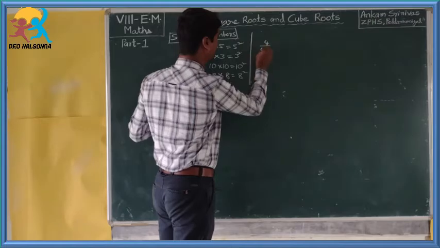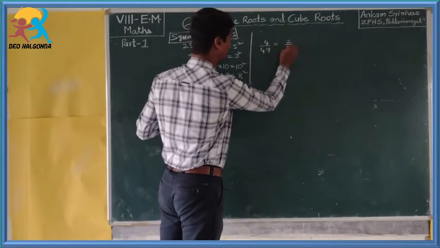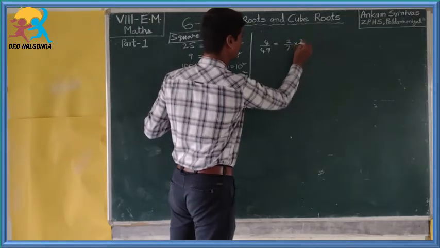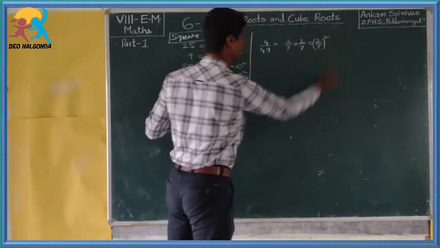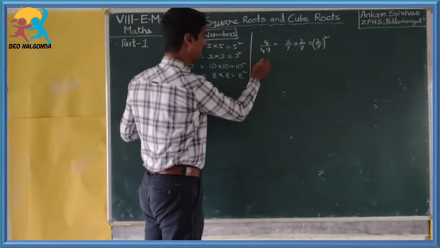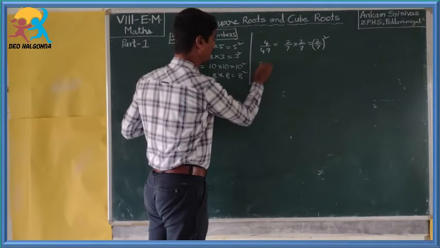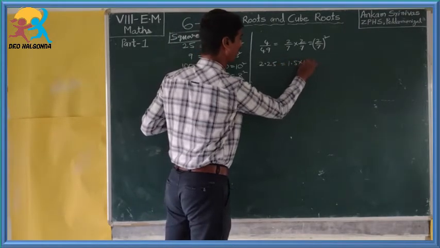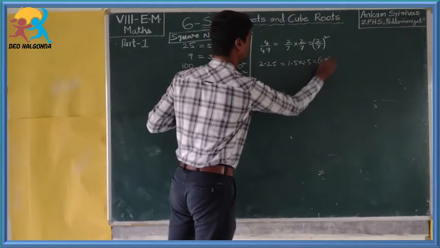4 by 49 can be written as 2 by 7 into 2 by 7, that is 2 by 7 whole square. And suppose I take 2.25, it can be written as 1.5 into 1.5 equal to 1.5 whole square.